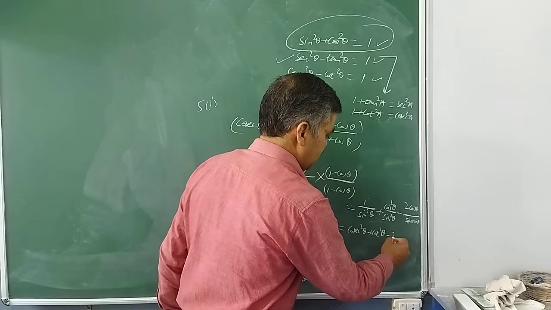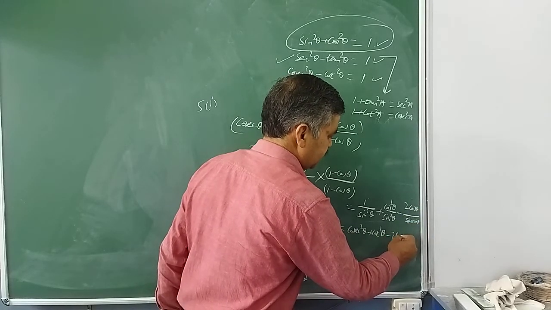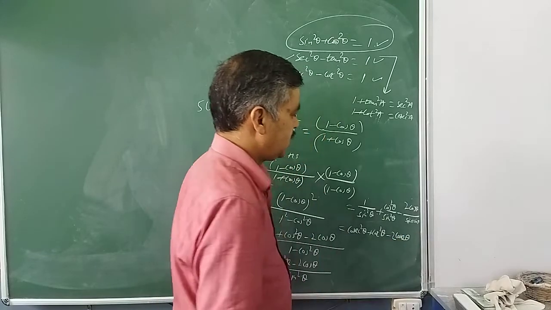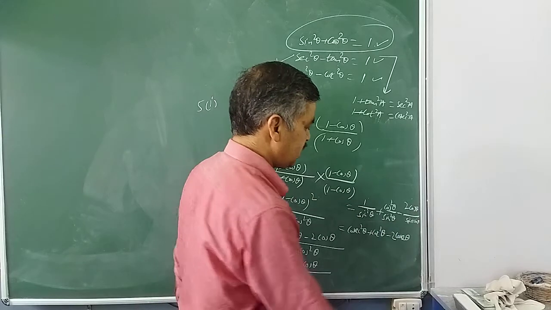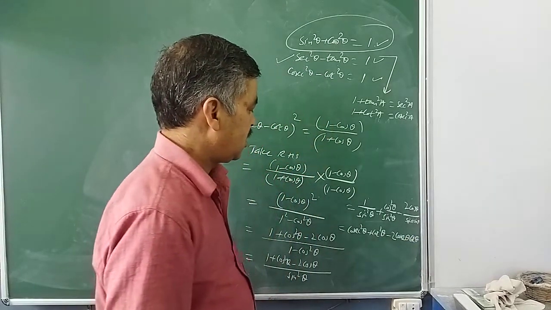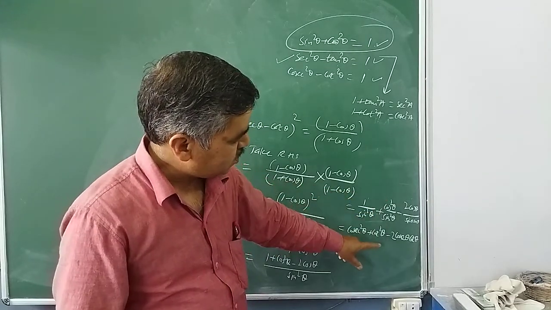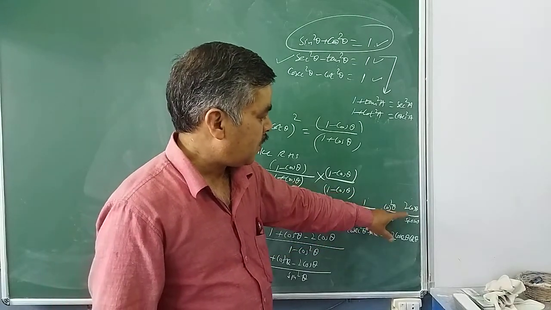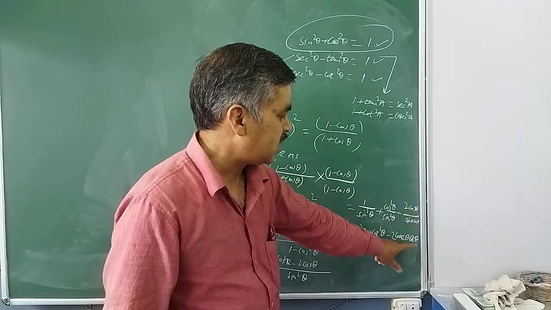So 2 upon sine means 2 cosec theta, into one more thing left there, that is cos upon sine, that is cot theta. So 1 upon sine square is cosec square, cos square upon sine square is cot square, and 2 upon sine, 2 cosec, into cos upon sine, that is cot.